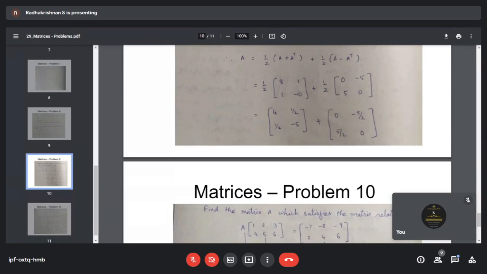So what is that matrix A with which you multiply? It is like division. There is no concept of division in matrices, but still, you can solve this.